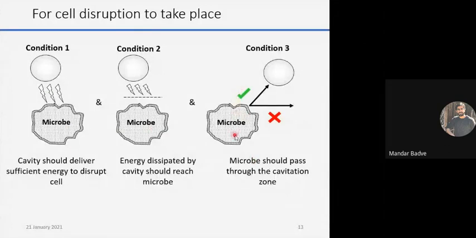If all these conditions are satisfied, then only do you get a satisfactory result. In order for that to happen, you pass the liquid through a cavitation zone continuously over a period of time. You pass the entire liquid through the cavitating device once, twice, thrice, and go on doing it until you get your desired result.